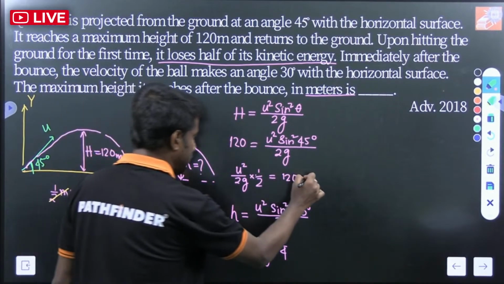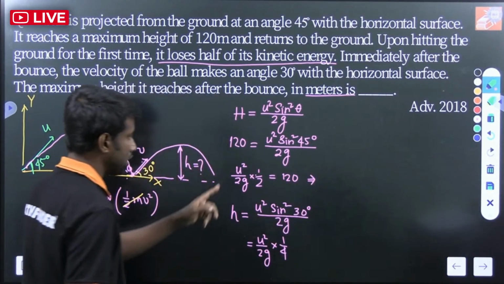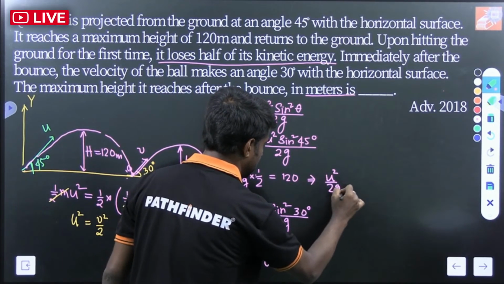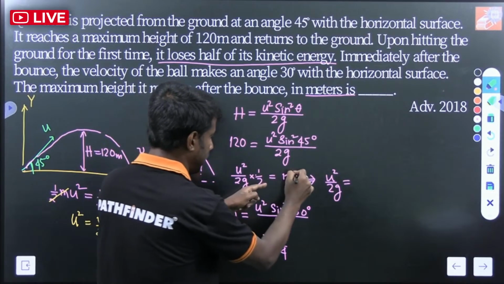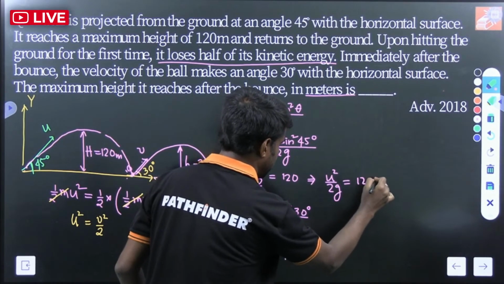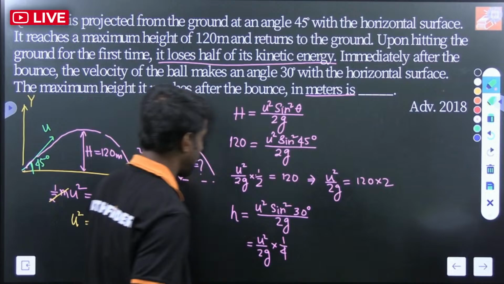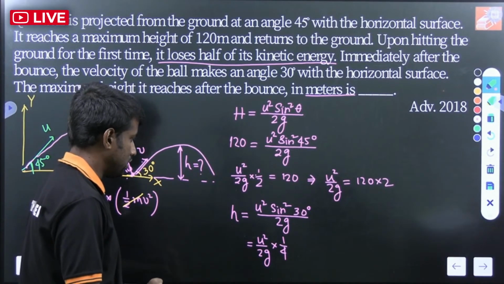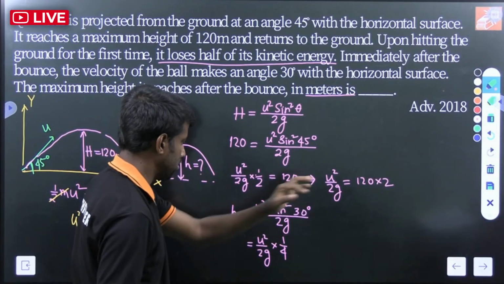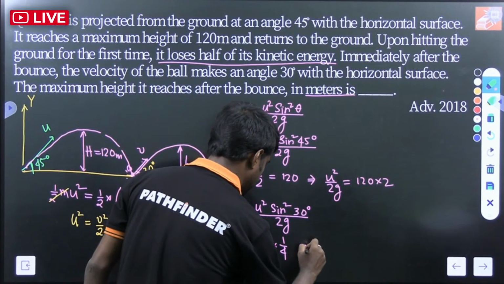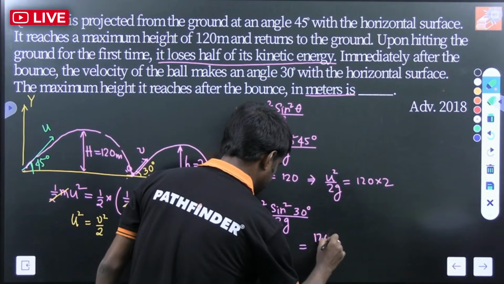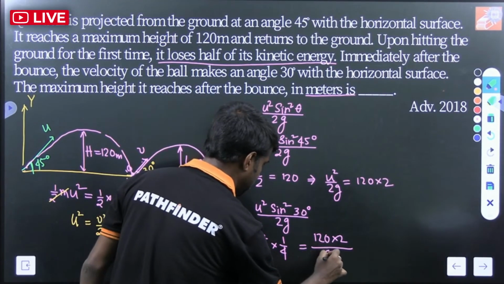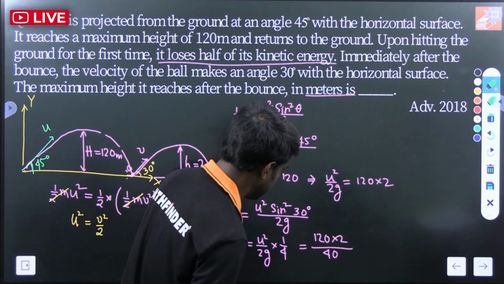From this equation we can get that u square by 2g is equal to 120 into 2, divided by 4.